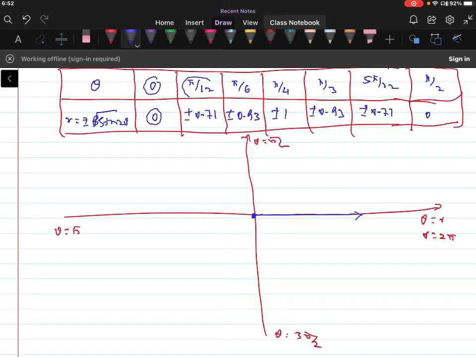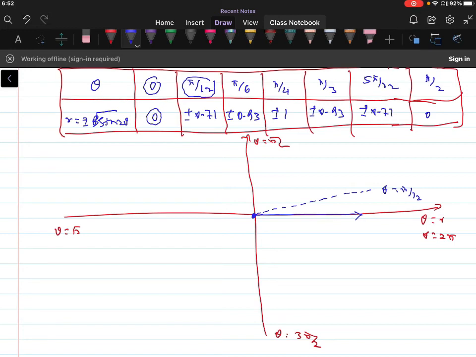Theta is equal to pi by 12 and r is plus or minus 0.71. So theta is equal to pi by 12 is a line that makes an angle with the initial axis, and the radius will be plus 0.71 and minus 0.71.